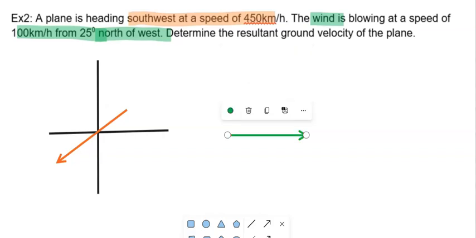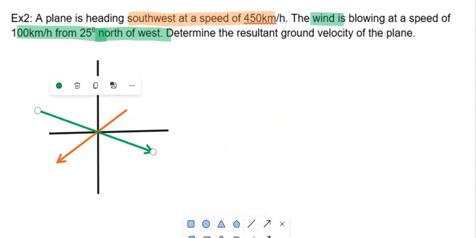And it's going 100 kilometers per hour from 25 degrees north of west. So it's 25 degrees north of west, and it's coming from that direction. So it's actually going southeast because it's coming from the northwest. So here's my two vectors.